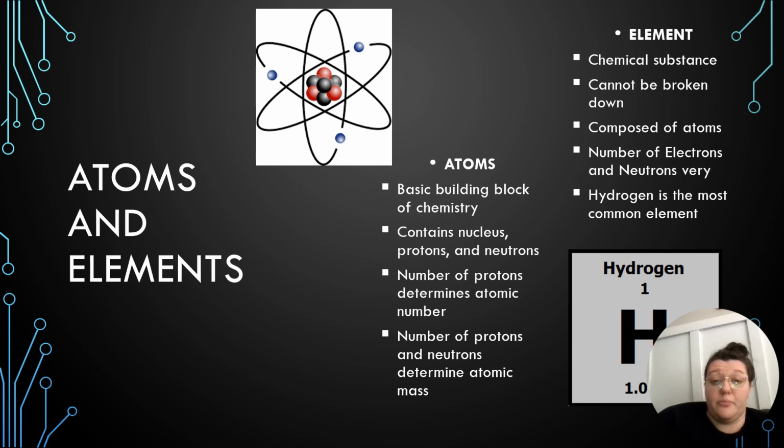The number of protons that that atom contains will determine that specific atom's atomic number, and the number of protons and neutrons that an atom contains will determine that specific atom's atomic mass.